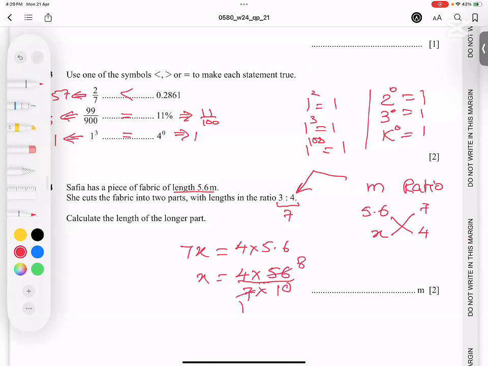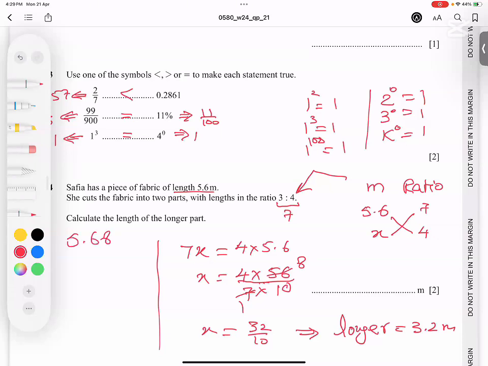Then afterwards, I can simplify further even. But 8 4s are 32, 8 4s are 32 by 10. Do you know, students, how to remove decimal? Same way to bring back. So the longer part is very clear now, it is 3.2 meters. And I repeat my words, some students have confusion in removing the decimal and bringing it back.